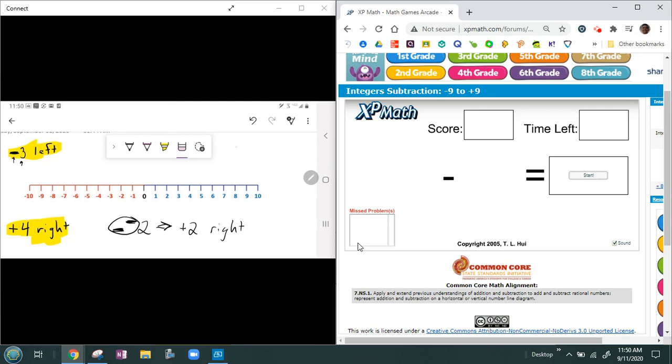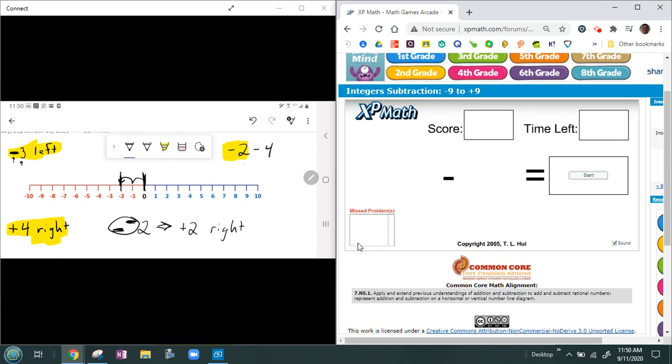Now, what about when we have an actual problem? Let's put a problem over here in the right corner. Let's say -2 minus 4. What I like to do is find that integer and then look to the left of it. I notice that's a -2, so we're going to start at 0 and move left 1, 2. Now that's our new starting spot.